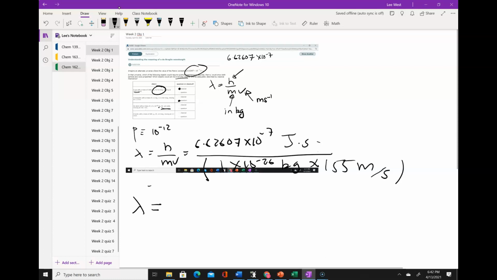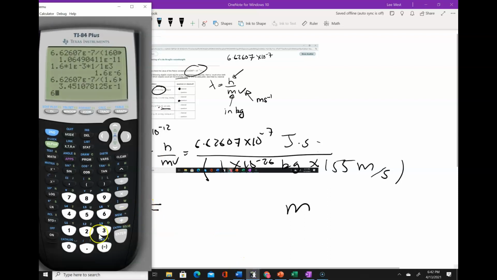So the wavelength in meters, because the de Broglie formula returns meters, is going to be 6.62607, second function, e minus 34, divide, parentheses, 1 times 10 to the negative 26 times 155, close parentheses, enter.